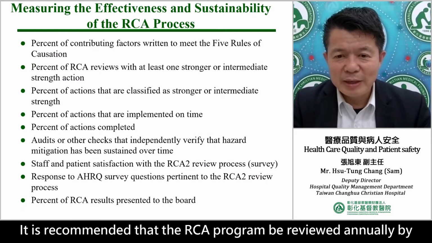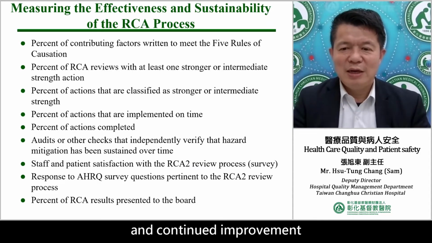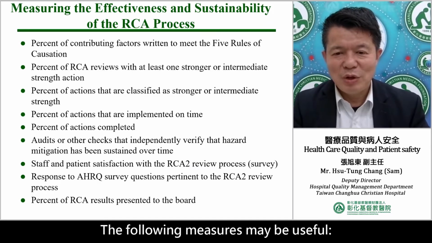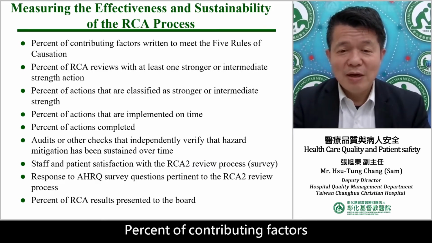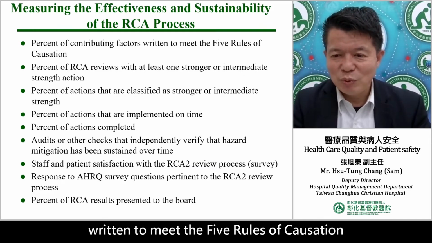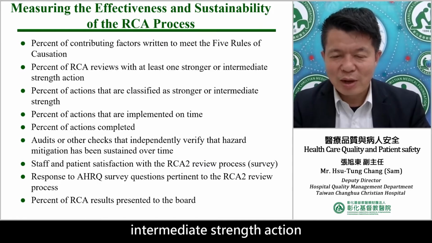It is recommended that the root cause analysis program be reviewed annually by senior leadership for effectiveness and continued improvement. The following measures may be useful. Percent of contributing factors written to meet the 5 rules of causation. Percent of RCA reviews with at least one stronger or intermediate strength action.